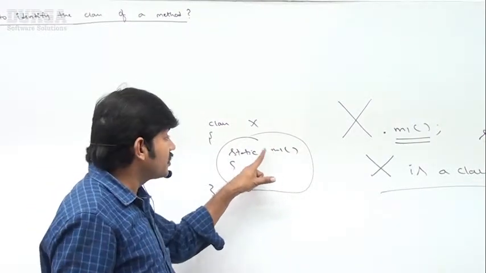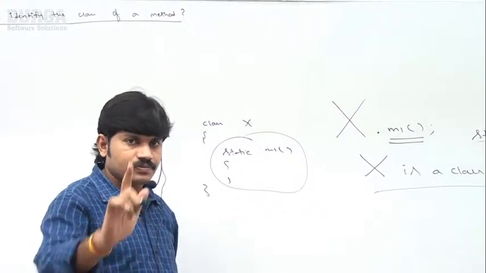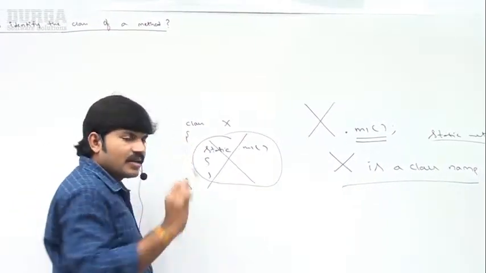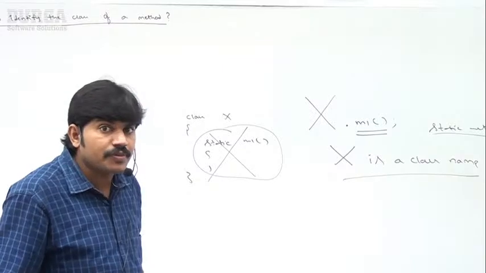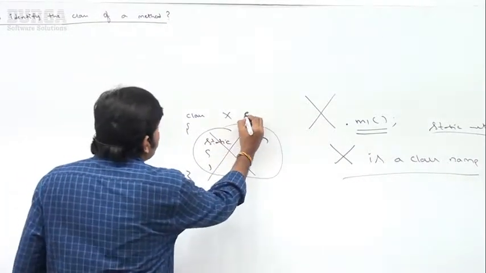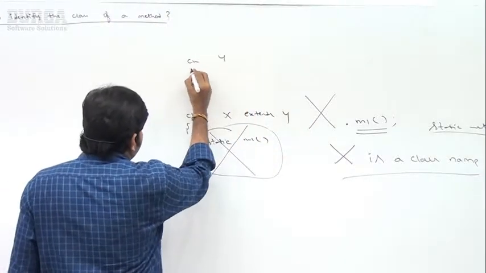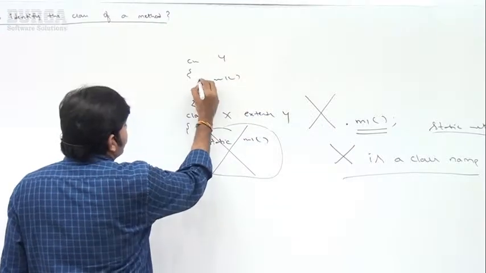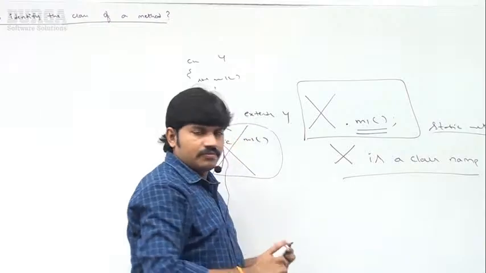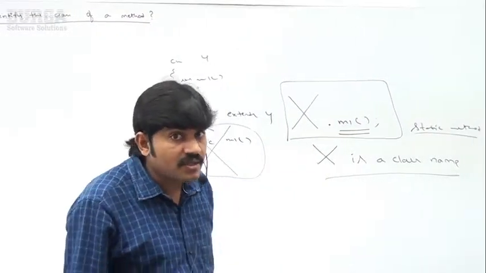Sir, I'm not following coding standards, return types and so on, just the basic idea. If class X does not have m1, then where does this m1 method come from? If class X doesn't contain it, then maybe a parent class is available, and in the parent class the m1 method will be executed. So if I call X.m1 by using a class name, that method is always a static method.